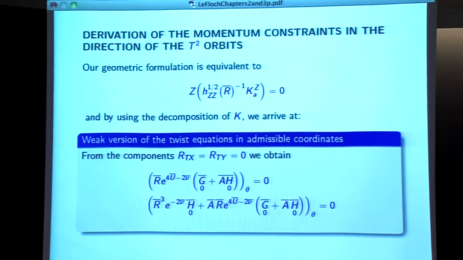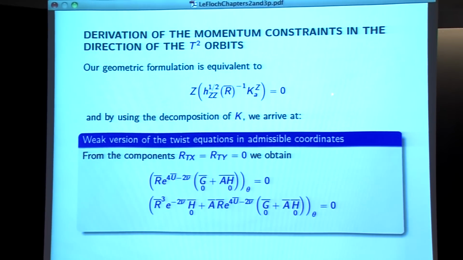It can be capital X or capital Y. So this is an equation that lives on the T2 orbits.